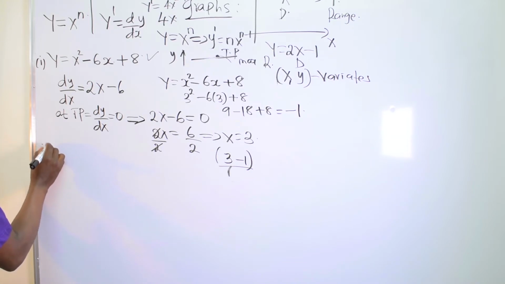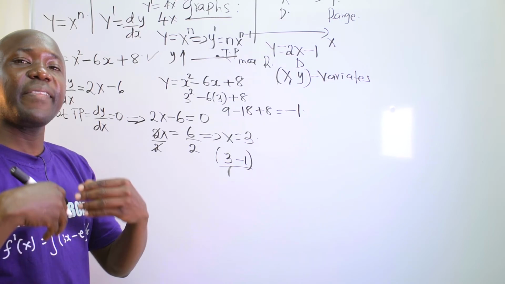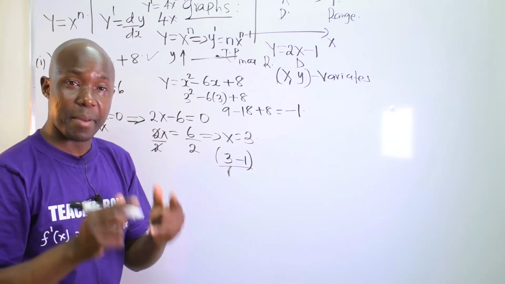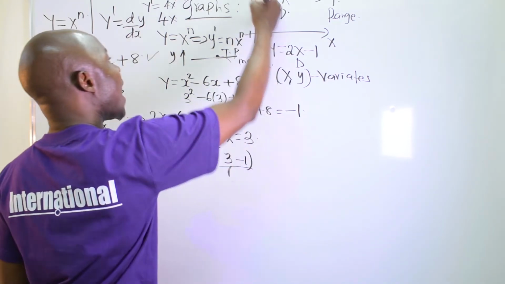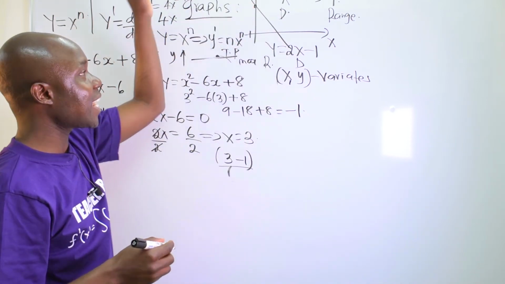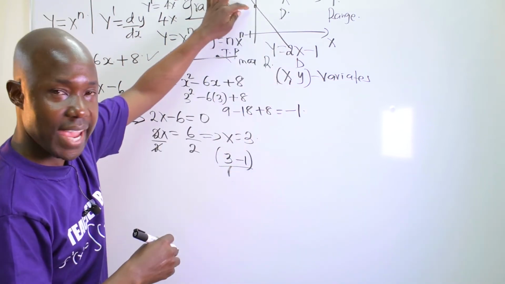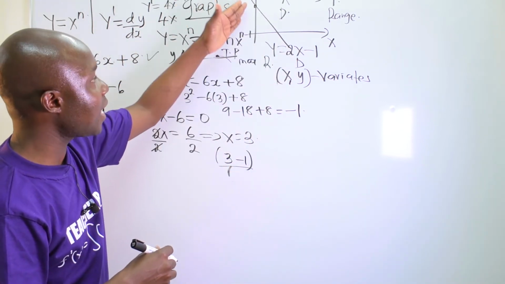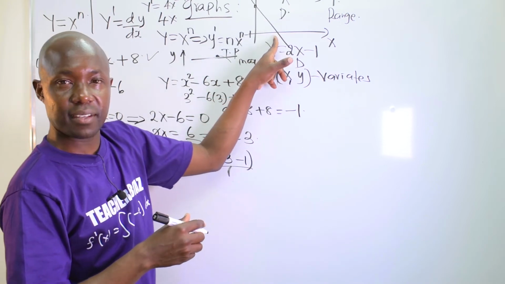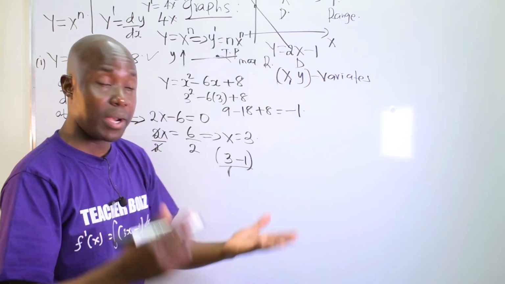The concept number 2 that we need to learn is knowing what will be the coordinates at the y-intercept. But remember, whenever a line cuts y, the value of x is 0. And at the x-intercept, the value of y is 0. Now let's start with the x-intercept and say, when the graph will be cutting x, y will be 0.